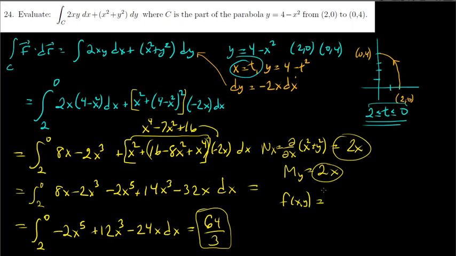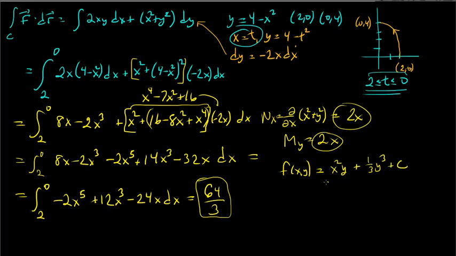The potential function is going to be, let's see, x squared y plus, and then when you integrate this with respect to y, you get 1/3 y cubed, right, plus a constant. So I worked that all out pretty quickly, but when you plug in the 0, 4, you're just going to get 64 over 3 plus c.